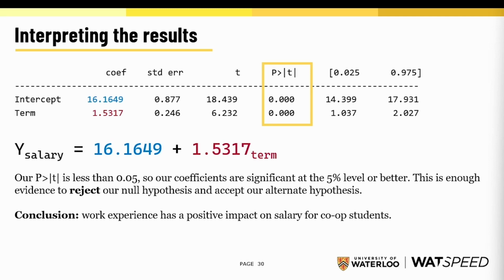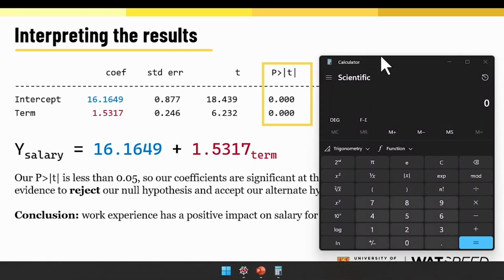Let's see how predictive our model is. So our formula is 16.1649 plus 1.5317 times the term. So let's say we're a first work term student.